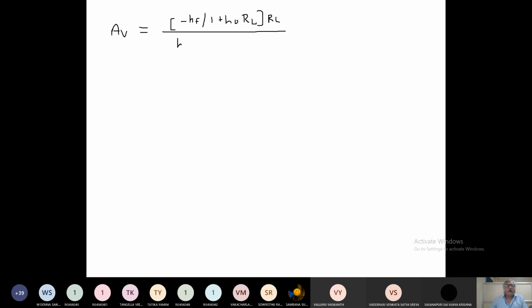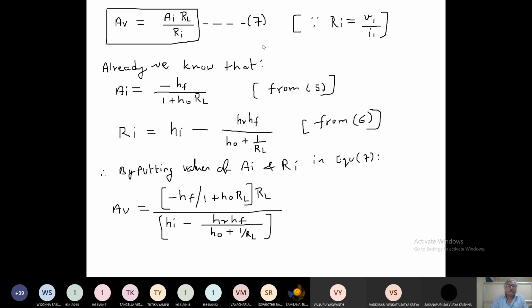So we will get Hi minus, see here, first we will solve this H naught plus 1 by RL, right?